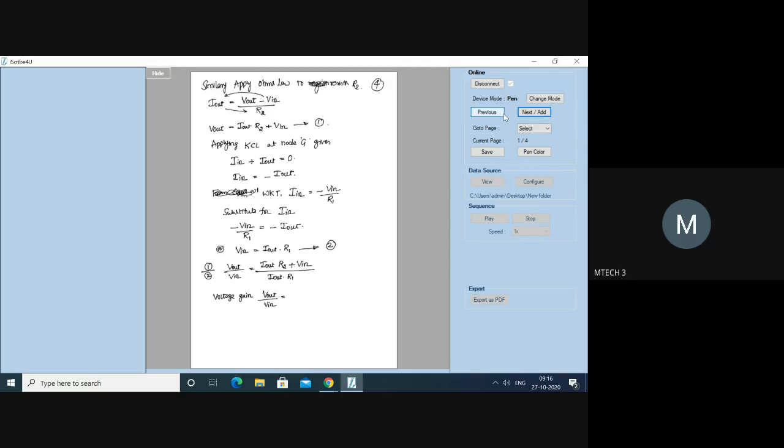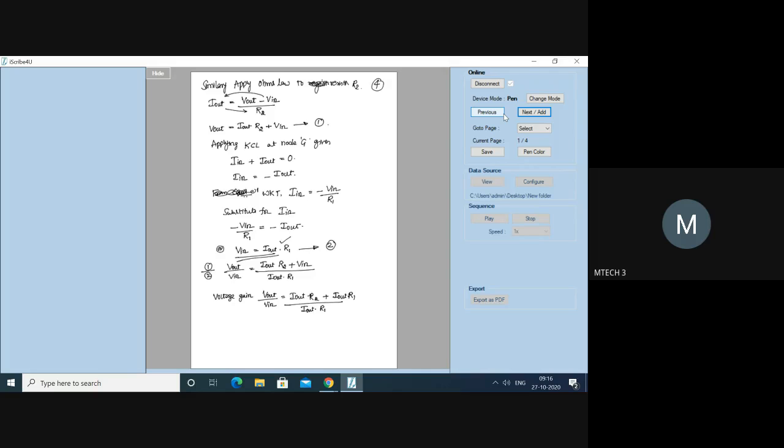What is Vin? We'll substitute Vin in terms of Iout: Vin is equal to Iout into R1. That will be substituted for Vin also: Iout into R1 divided by Iout into R1.